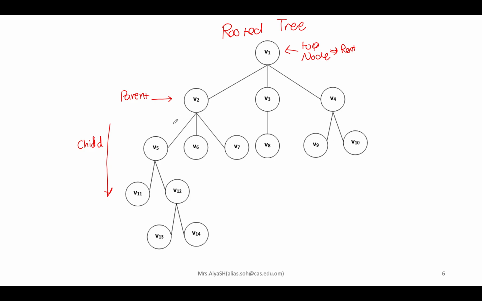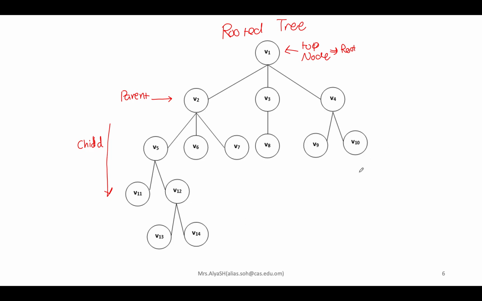Okay, so root, we've got here all the vertices under this root. Any vertex that has a descendant vertex, we call a parent, and those under the parent, we call children of V2.